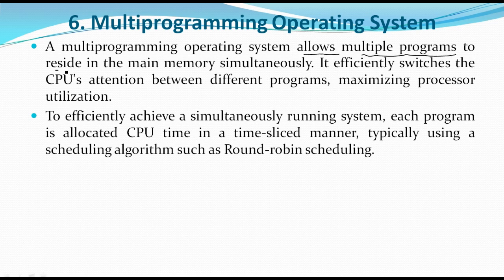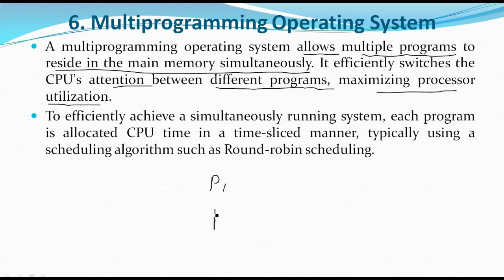But before that, all these three processes will enter the main memory, and thereafter these processes occupy the CPU attention and execute in the CPU. To efficiently achieve a simultaneously running system, each program is allocated CPU time.